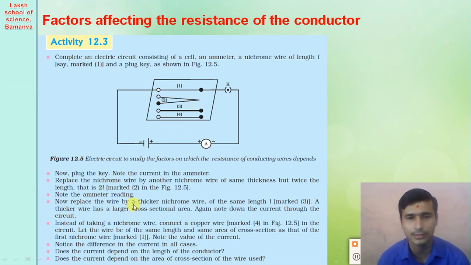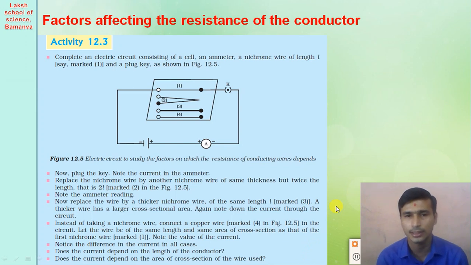Now take another wire, the third, having a thicker diameter. Now replace the wire by a thicker nichrome wire of the same length, marked as number 3. A thicker wire has a larger cross-section area. Its diameter is larger, right? And again note down the current through the circuit. So as we take a thicker nichrome wire, it has a very large cross-section area, right?